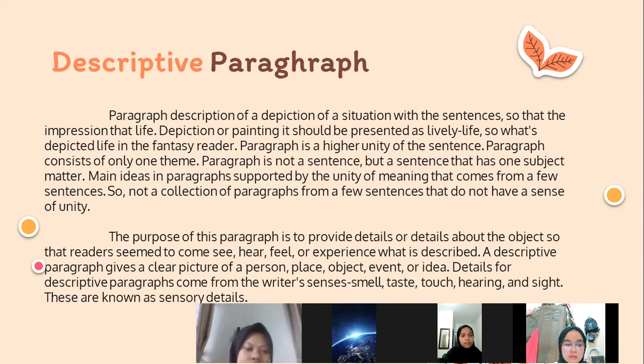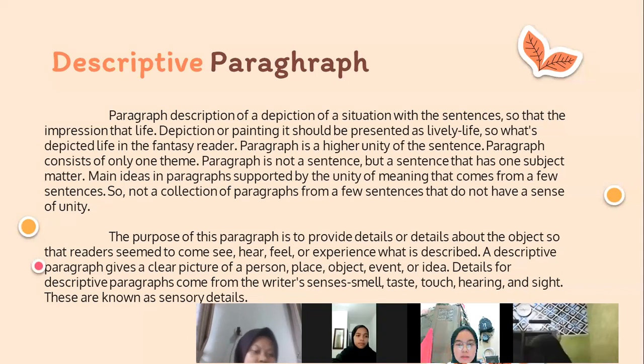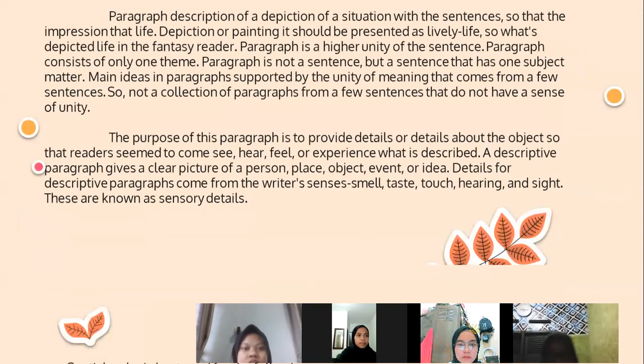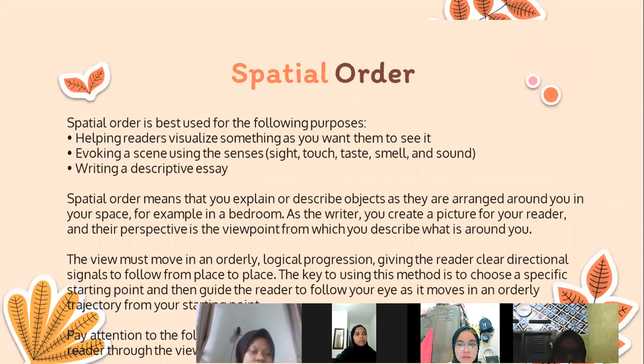Details for a descriptive paragraph come from the writer's senses: smell, taste, touch, hearing, and sight. These are known as sensory details. The next presentation, Tasya Salsabila.